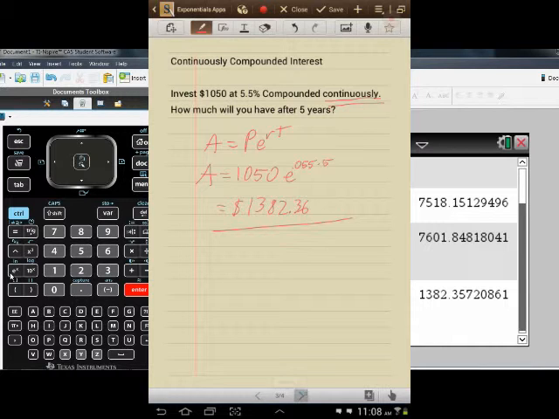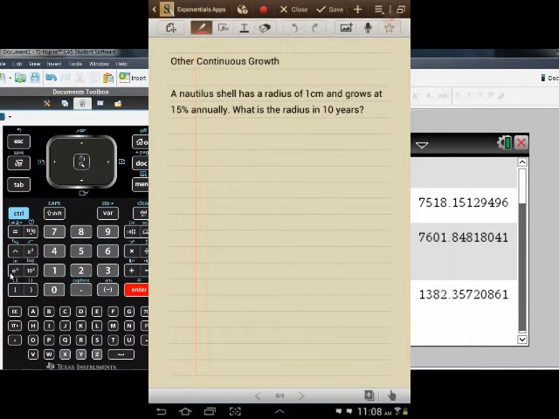Not only does this work for interest, but other types of continuous growth. A nautilus is a type of sea creature, and its shell. Let's suppose we get it as a baby at 1 centimeter. That's growing 15% annually. We want the radius in 10 years. Stuff really grows continuously. It doesn't just sit there at the same size and at the end of the year just magically get bigger. It's always growing.